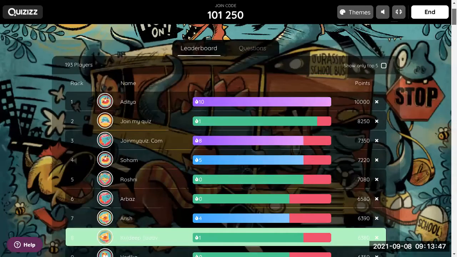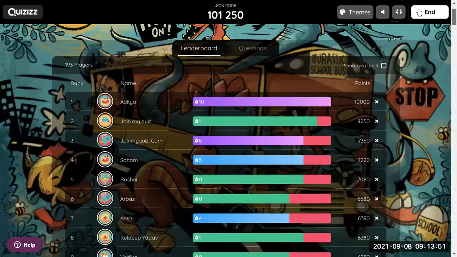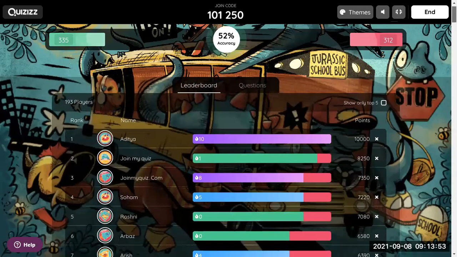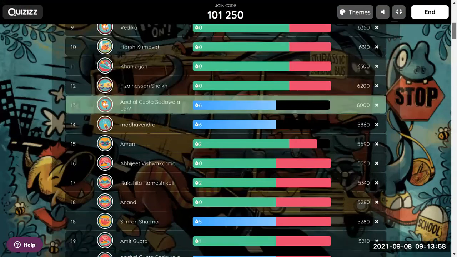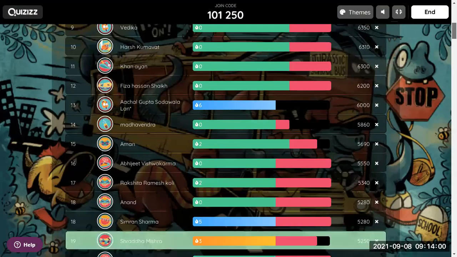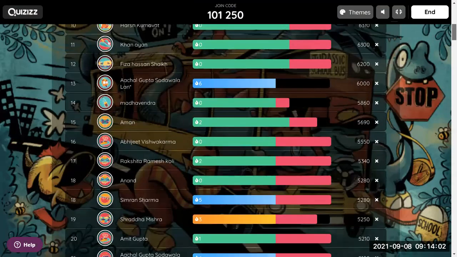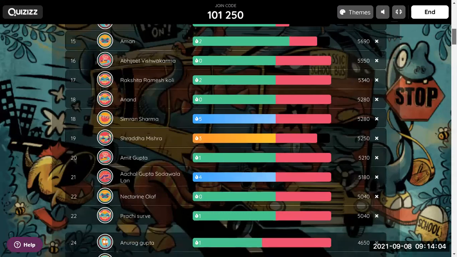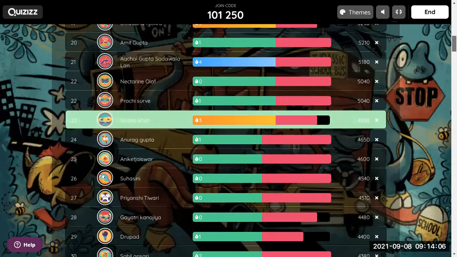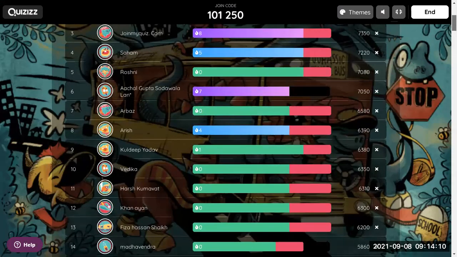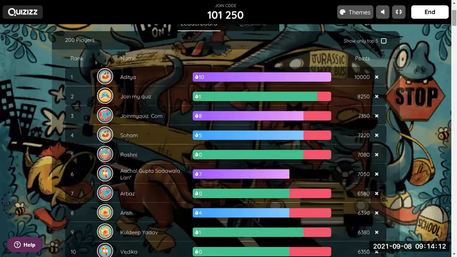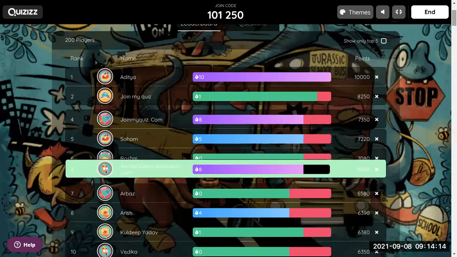Kuldeep Yadav, well done. Achal Gupta, very good. Shraddha Mishra, good. Nabila Khan, very good. Achal, there are 2 more questions.